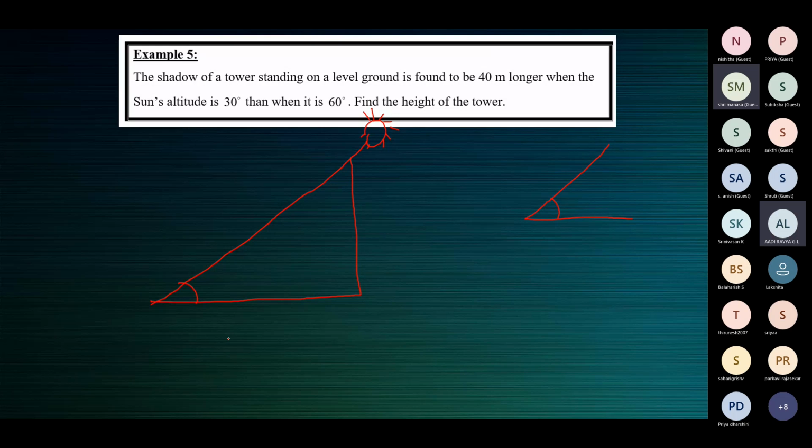Ma'am, sorry to interrupt. Can you repeat it once again? Yeah, sure. Sun's altitude is the angle made by the sun's rays, the rays of the sun, and the ground, the surface of the earth.